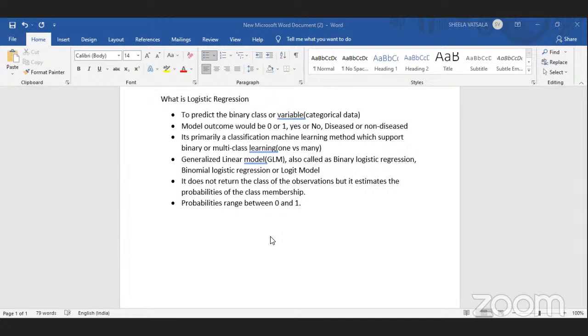So how do we identify what exactly the probability between 0 and 1 is? Let's understand that.